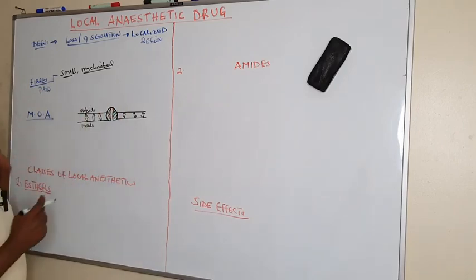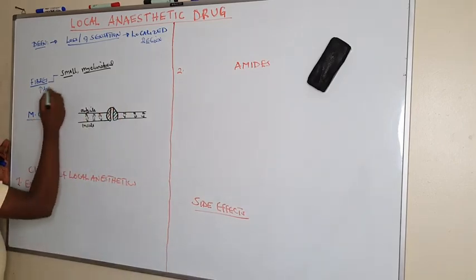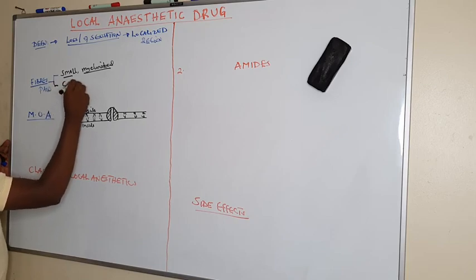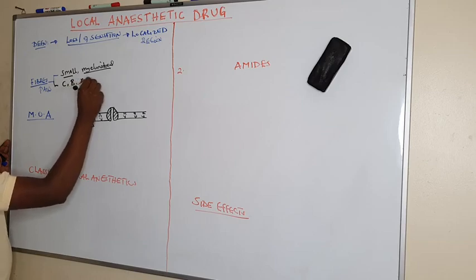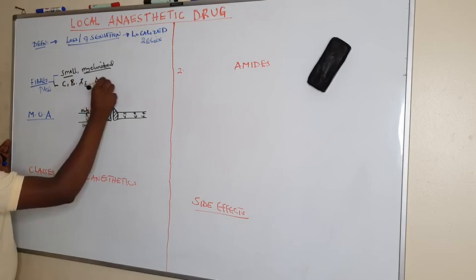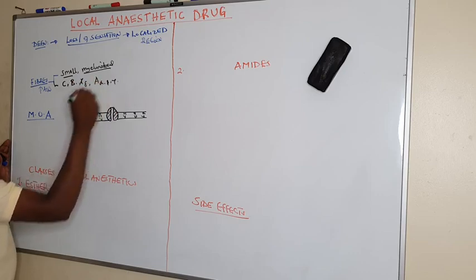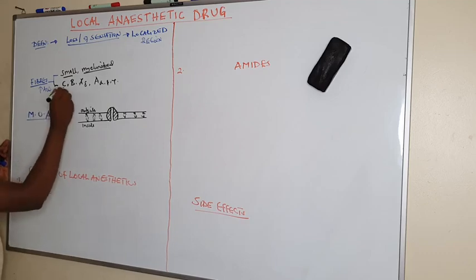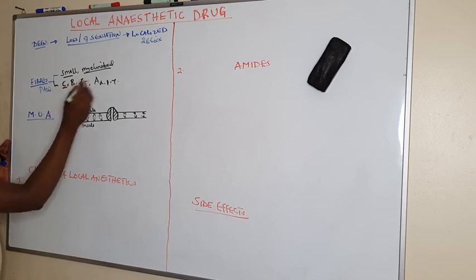The first to respond is C, followed by B fiber, followed by A delta fiber. Then lastly, we shall have A alpha, beta, and gamma. This is the sequence of blockade.